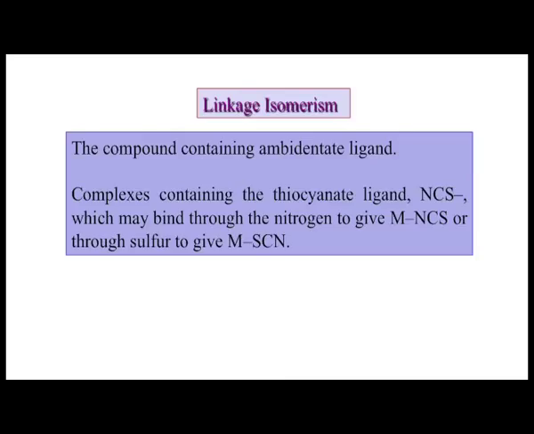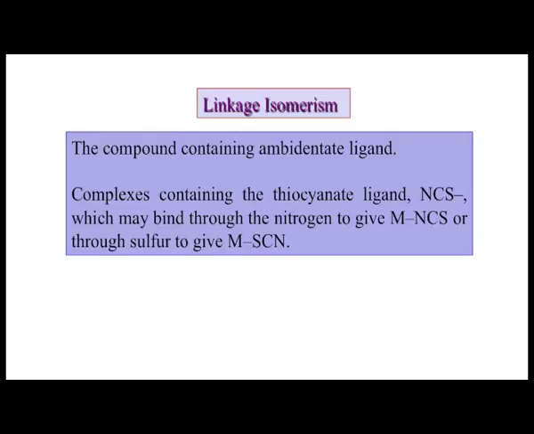If the metal center is bound to nitrogen or the metal center is bound to sulfur, obviously, when it binds to nitrogen we get one particular color, and when it binds to sulfur we get another type of color. It is also interesting to note that in some cases we can force the thiocyanate to bind to the metal center.